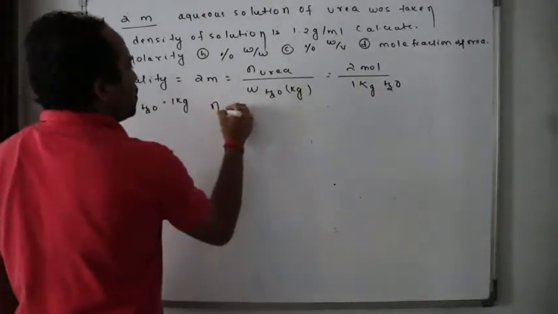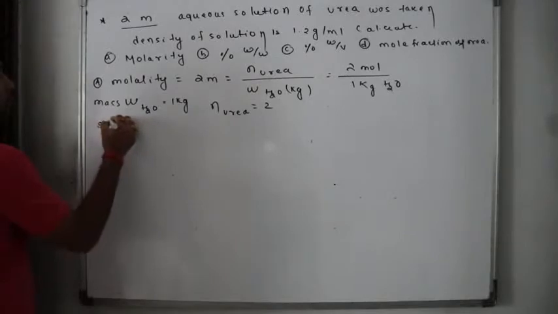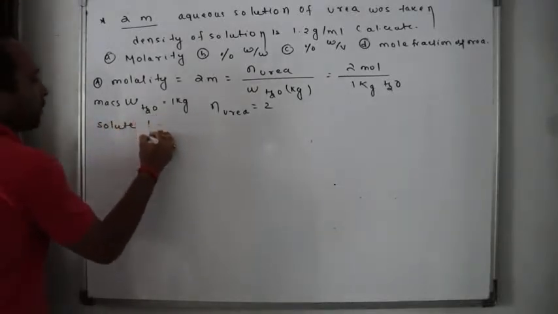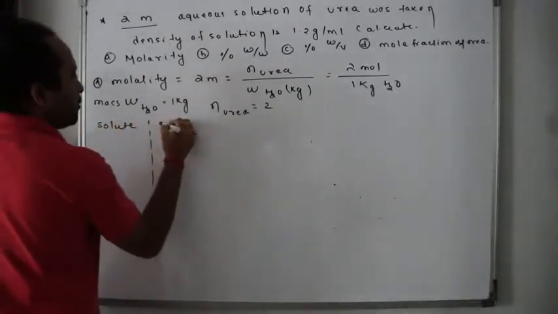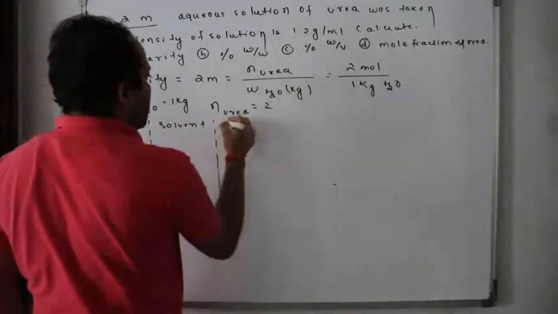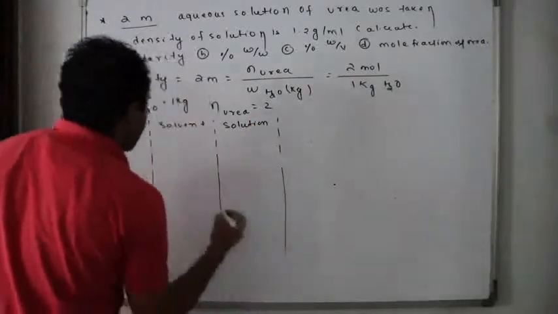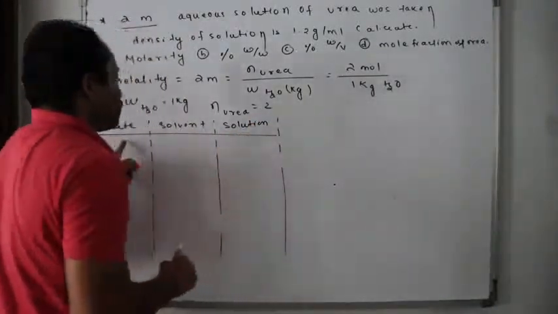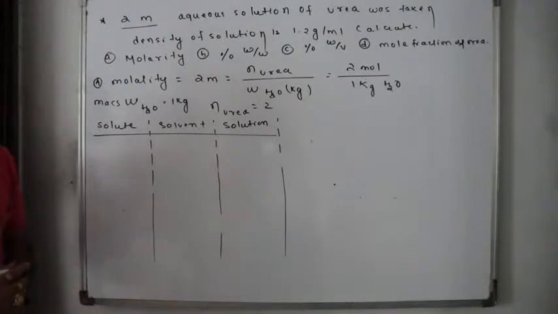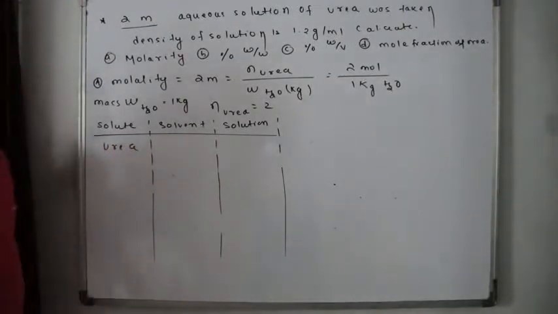Now, number of moles of urea is how much? Now let me analyze: solute, solvent, solution. Solute is urea.